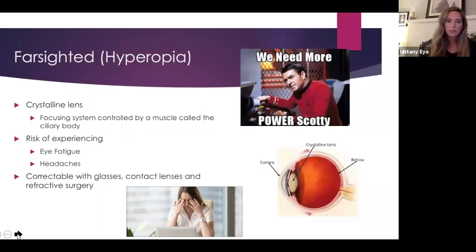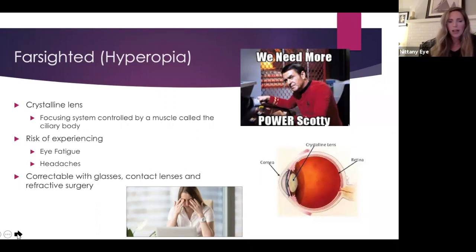Someone who has mild hyperopia may be able to overcome it without needing glasses because the crystalline lens can compensate for some refractive error. That's if it's mild. Now, how these people get in trouble is that you are more at risk of experiencing eye fatigue or headaches if you have mild hyperopia and you're not wearing glasses for it.